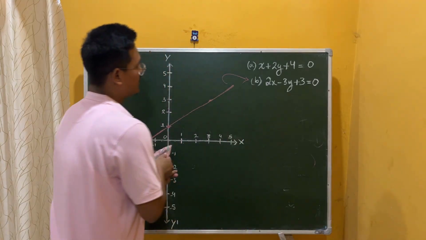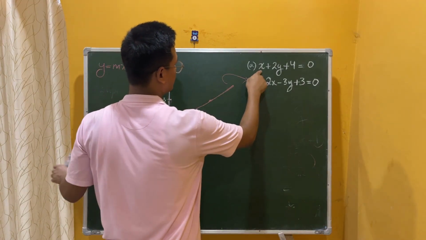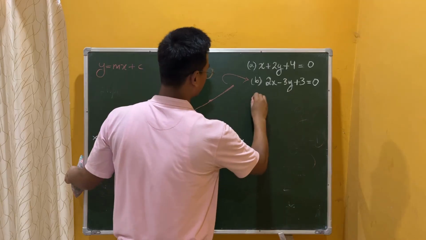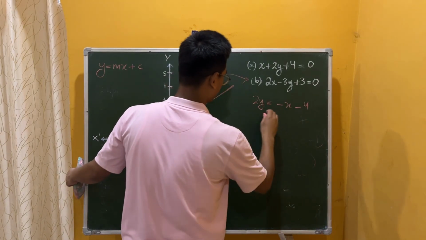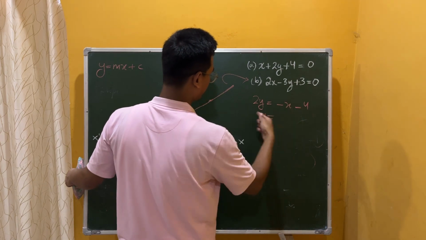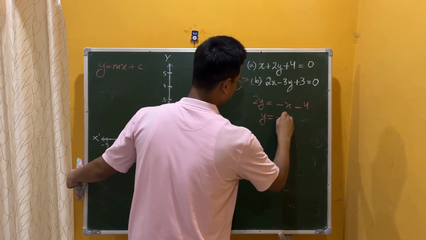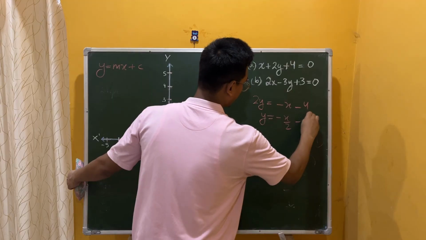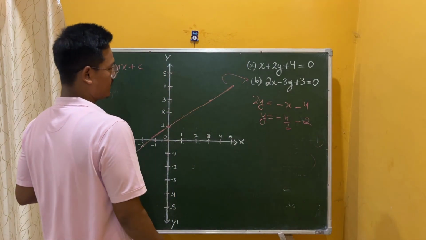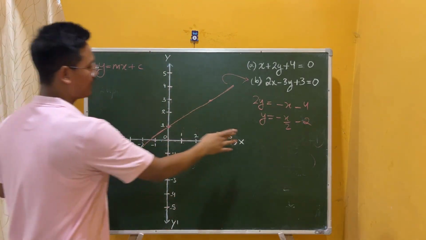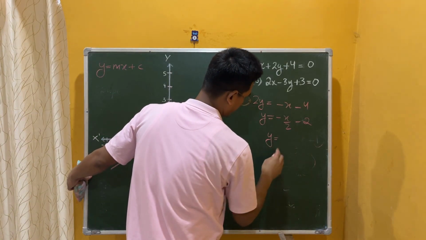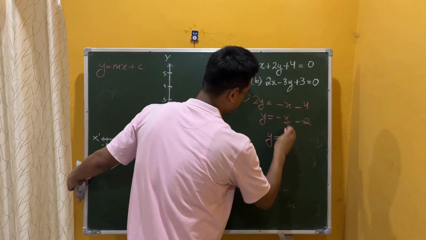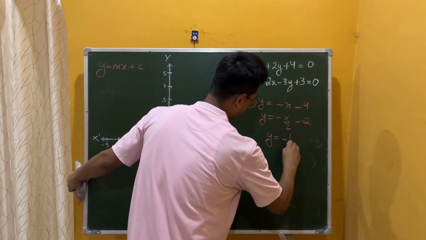The next equation is this. Here also we'll do the same. Dividing both sides by 2, I will get minus x by 2 minus 2. In order to make it look like this, I can rearrange this equation in this manner.